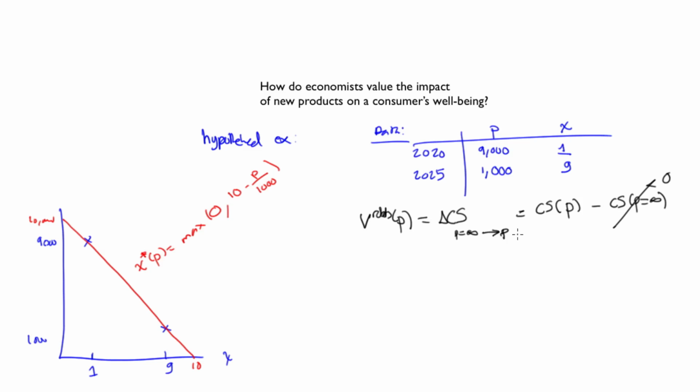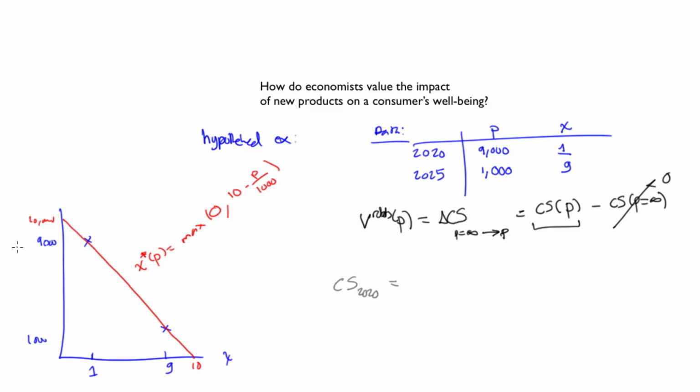So the insight is that we can think of the value of introducing this new product just as the consumer surplus of the new product at that price. So let's think for a second in this particular example about the consumer surplus at both dates. What is the consumer surplus in 2020?